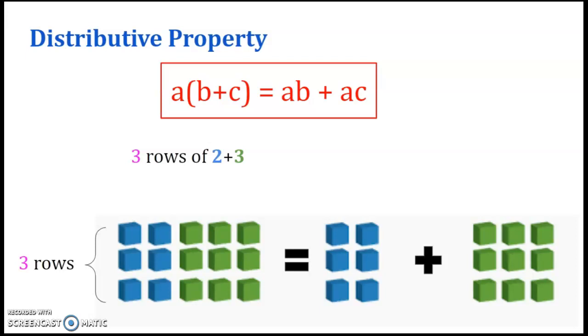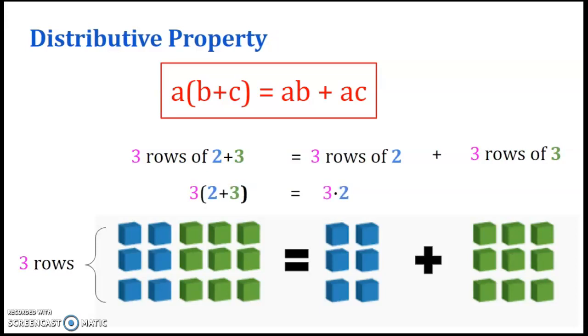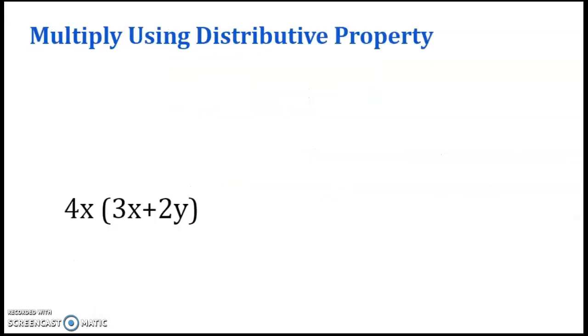So this can be 3 rows of 2 plus 3, 2 blue and 3 blue blocks, can be written as 3 rows of 2 and 3 rows of 3. So that means we can rewrite this as 3 times 2 plus 3 is the same as 3 times 2 plus 3 times 3.